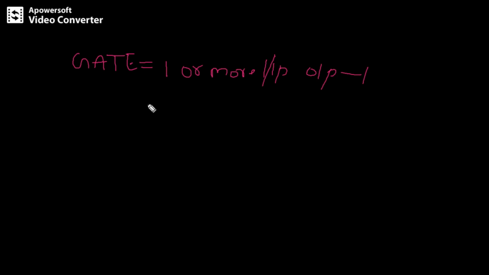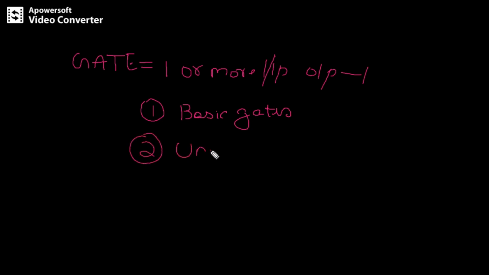Gates are classified into two different types. One is basic gates, and the second one is universal gates.